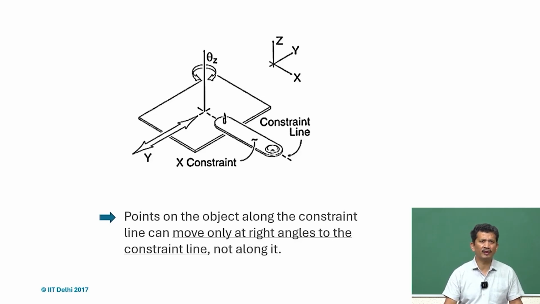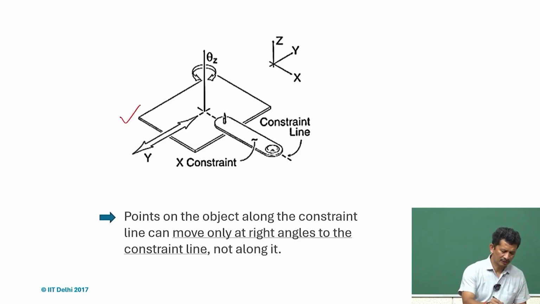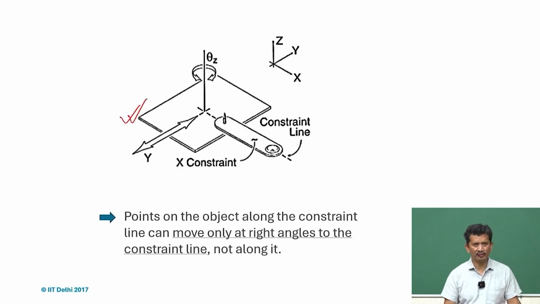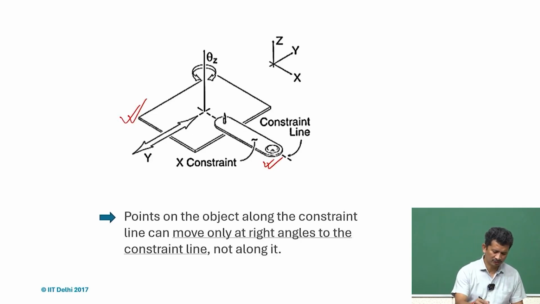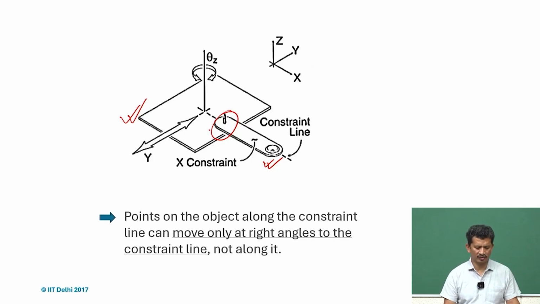Very simple example here: we can put a piece of paper, use a pin to tag it on the board, and just insert another pin here. So, this can also provide a constraint, and there is a new term used which is called the constraint line.